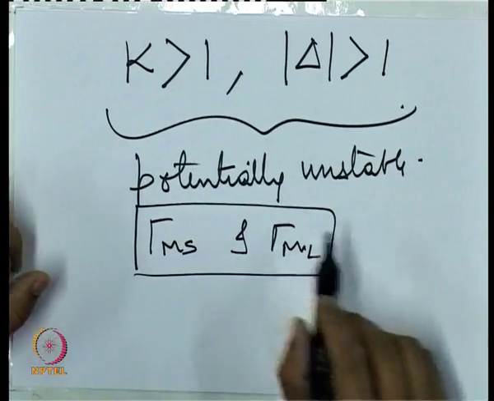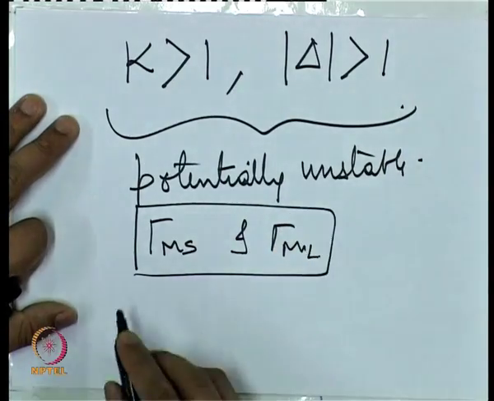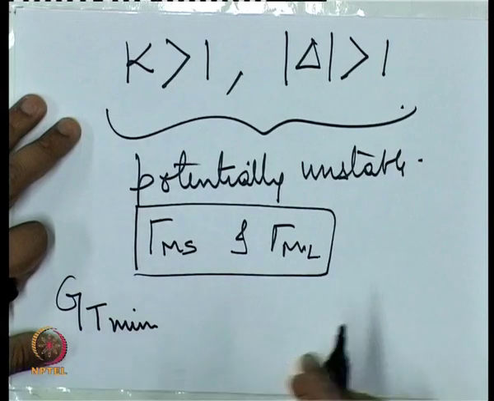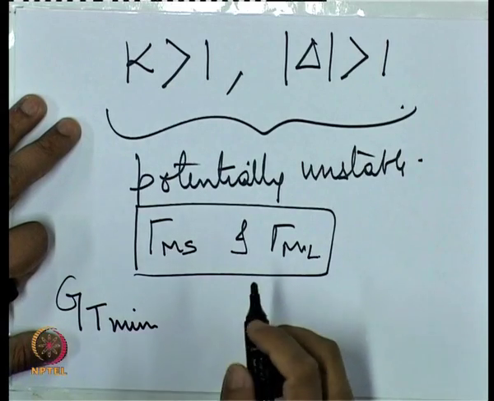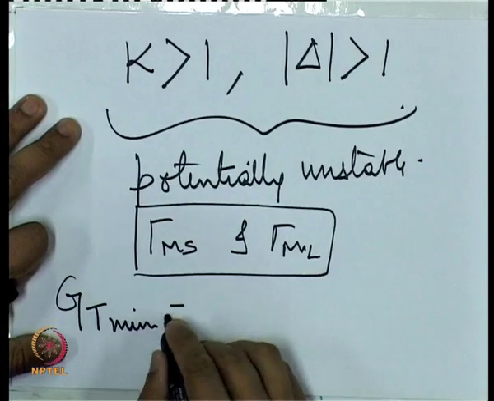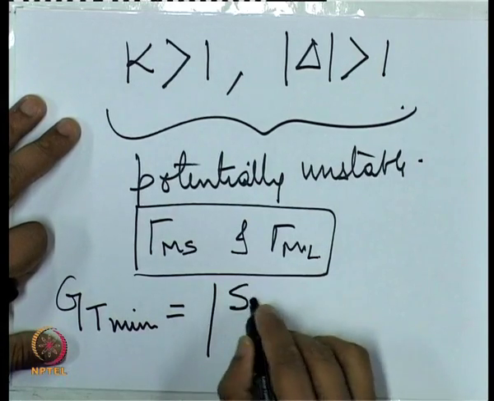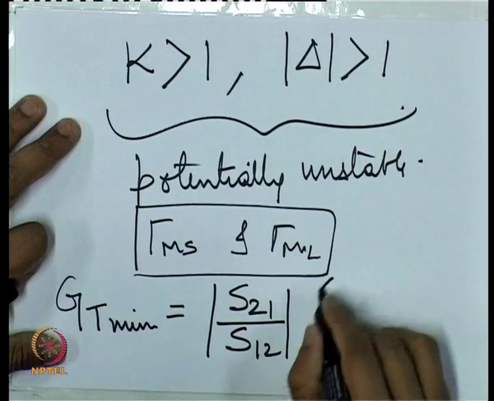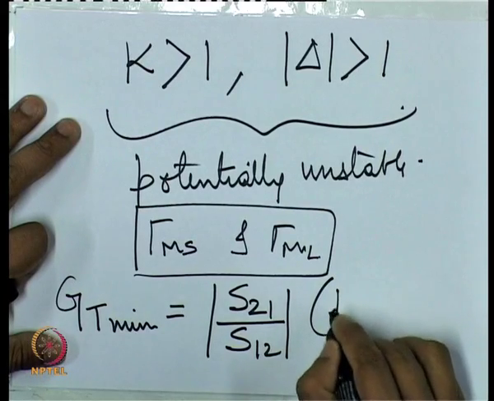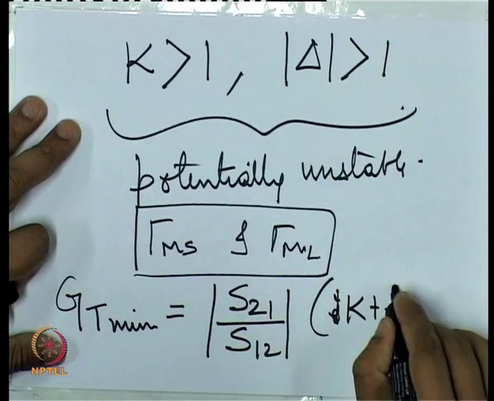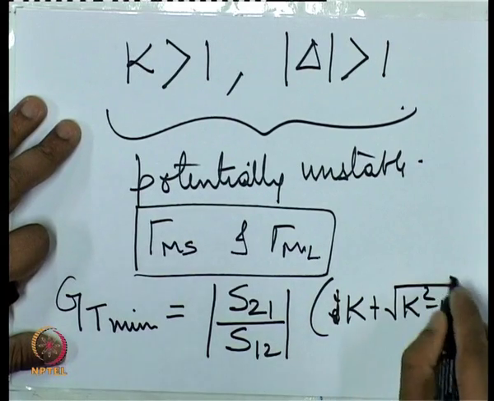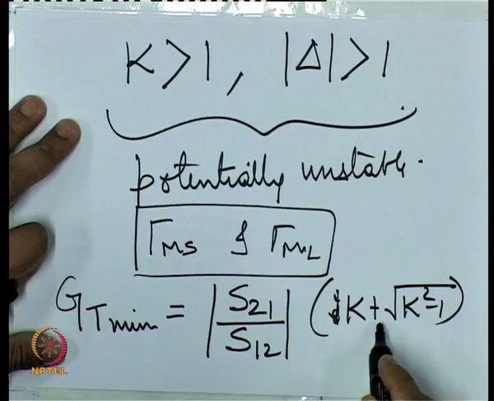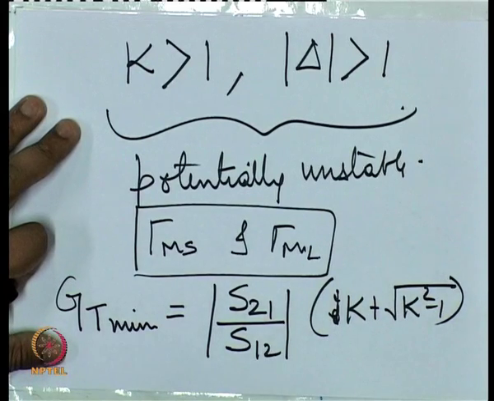Now, of course, since this is now potentially unstable, instead of GT max, we will have a GT min, that is a minimum value of the transducer power gain, and that value is given by, instead of the minus, it is now plus here.